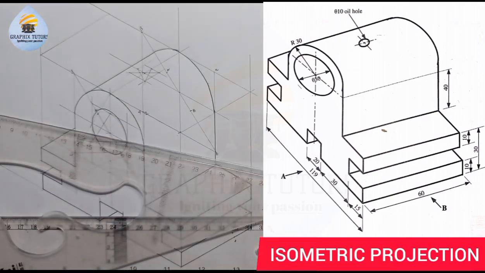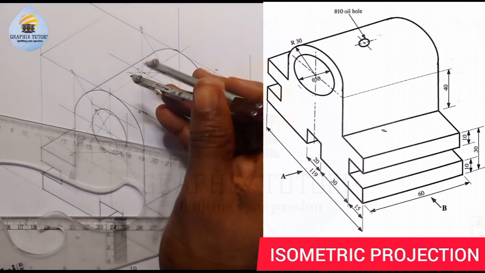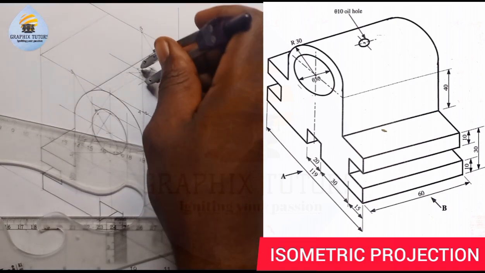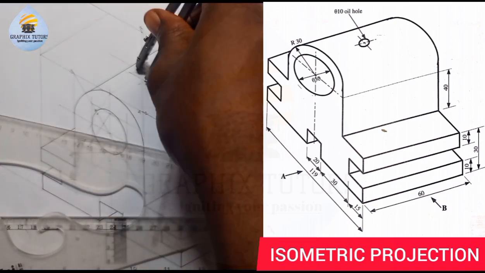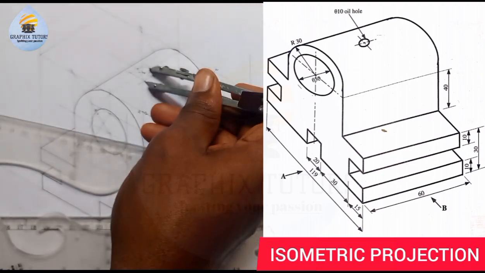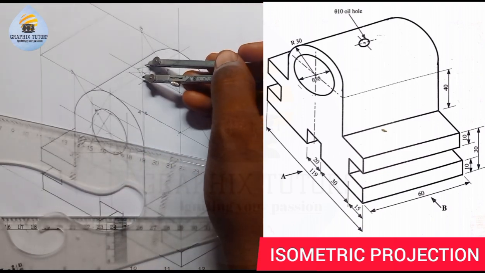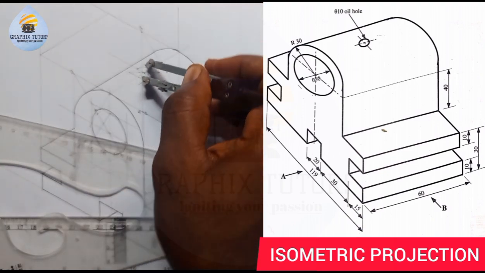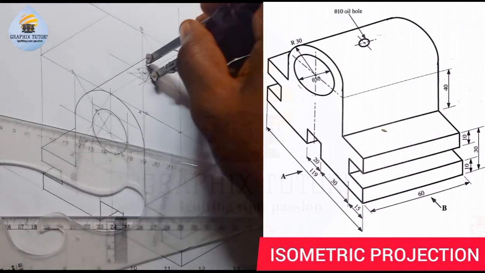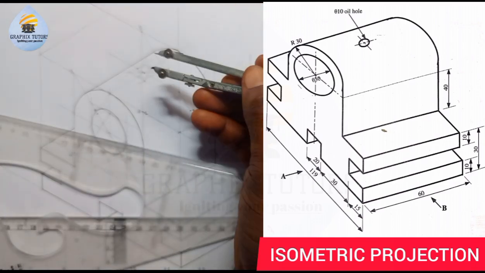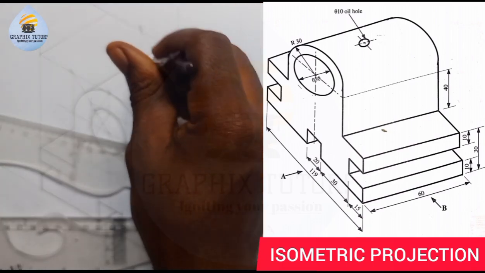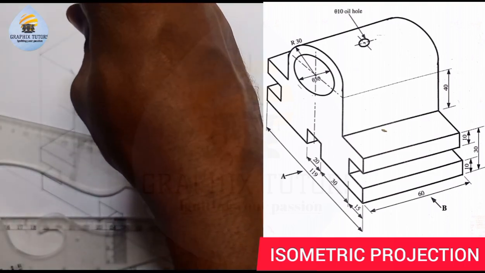So you can just take your compass, you place it here to this point, and you draw this. You place it here also, and you draw this. You place at the center point here, and you get this.